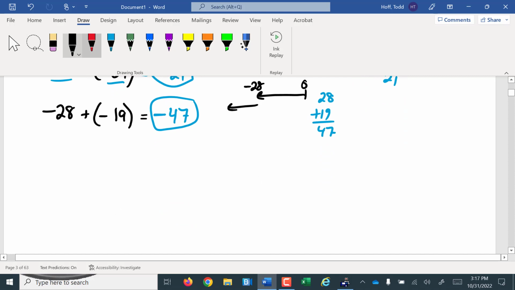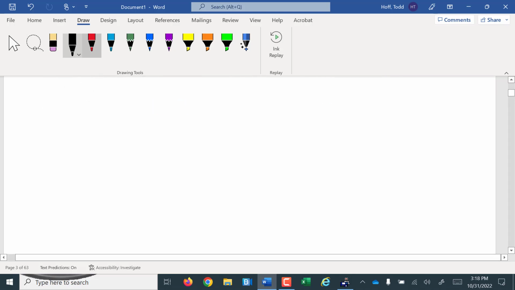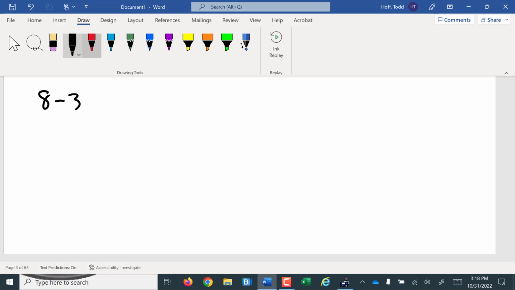Subtraction is where things get confusing. Subtraction of integers haunts people all the way up through algebra and college algebra and all of that. Even in calculus, people struggle with subtraction of negatives. So if I start out with something like 8 minus 3, get a number line drawn out here.